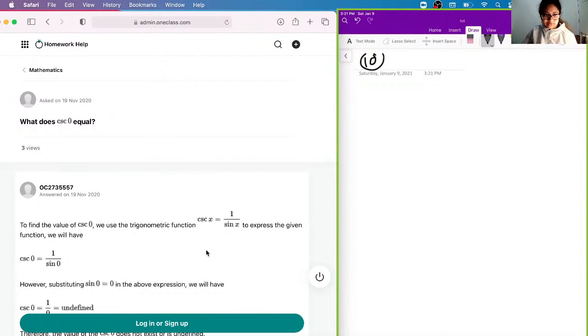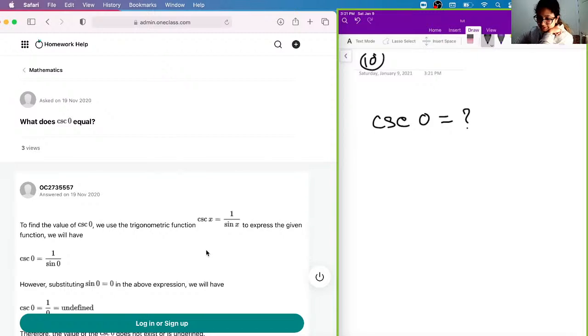Next question says, what is cosecant of 0 equal to? So we're trying to find out what ratio it is equal to.